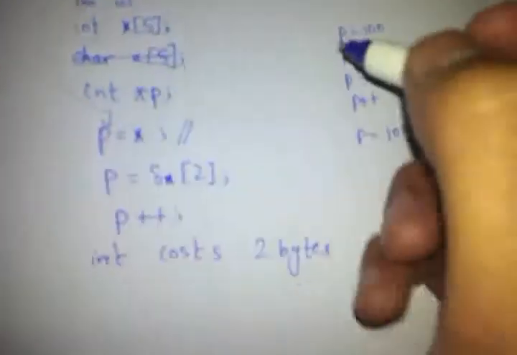So what if this array was declared not as int x but as char x[5]? This was for int, this is for character, just to show you the difference. p was originally pointed to the 100th location, and when we executed this command p++, p was assigned a value of 101.